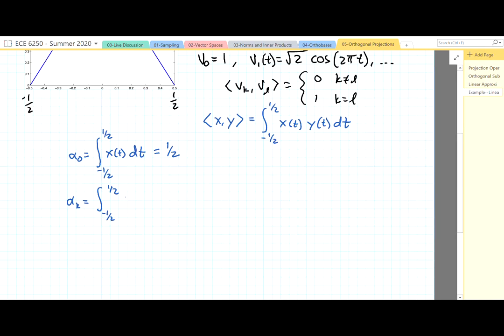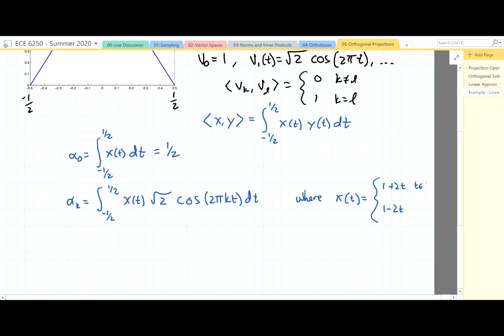So we would have the integral of x of t times square root of 2 cosine 2 pi kt dt, where x of t is equal to 1 plus 2t, and 1 minus 2t, for minus 1/2 to 0, and 0 to 1/2.